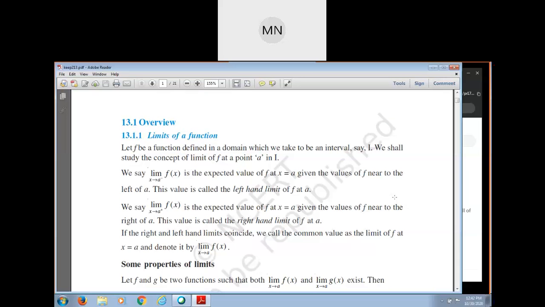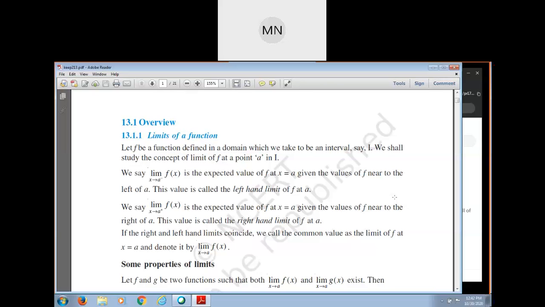From the right side we say it is positive numbers, and in the left side we consider negative numbers, and 0 is the middle point. From the right side of 0 it is considered positive, and from the left side of 0 it is considered negative.